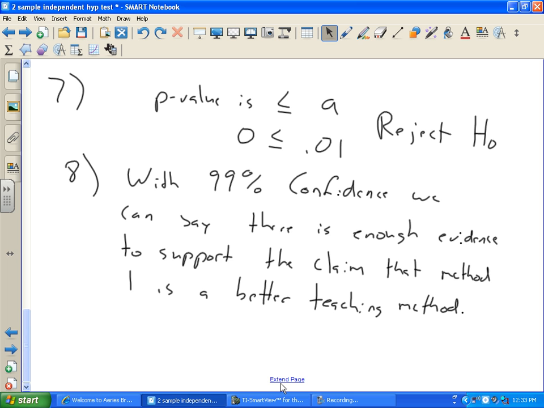Yeah, you probably should. Let me get that in there. I forgot that, so I apologize. We should, because I've seen them ding on it before. So yes, let me figure out how it fits well, though. With 99% confidence, we can say that there is enough evidence to support the claim that the true mean of method 1 is greater than the true mean of method 2. Let me reword that.